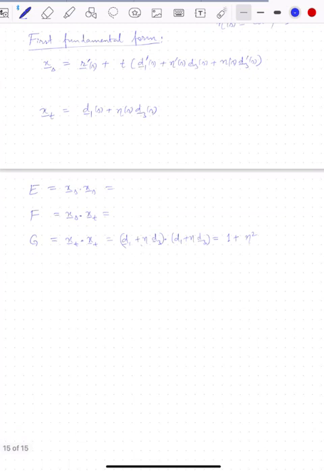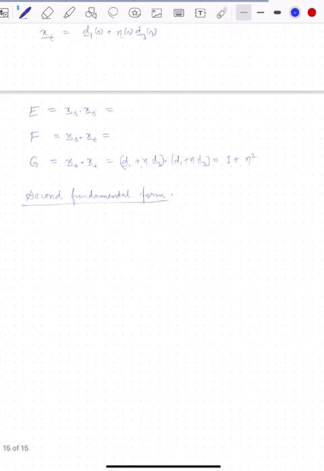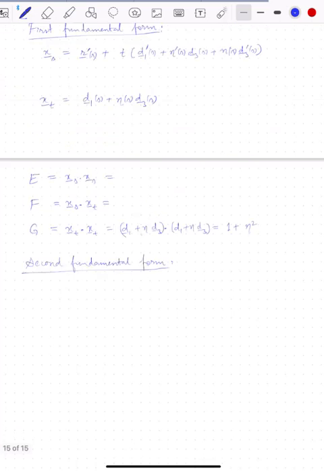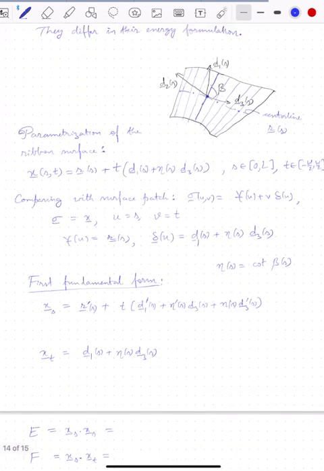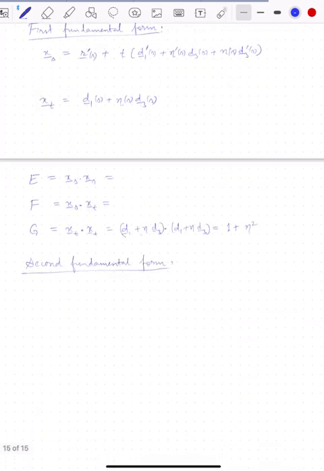And now for the second fundamental form, we look at the n vector, which in this case is the d2 vector, that is normal to the surface, right?